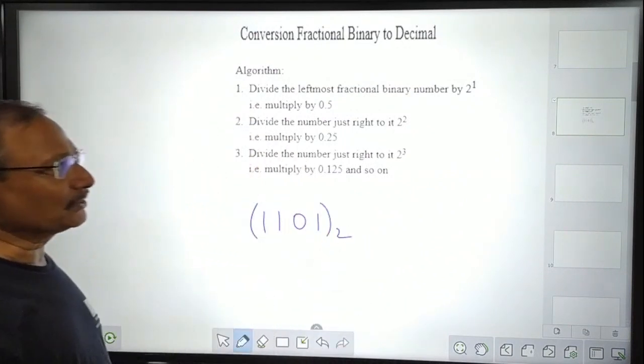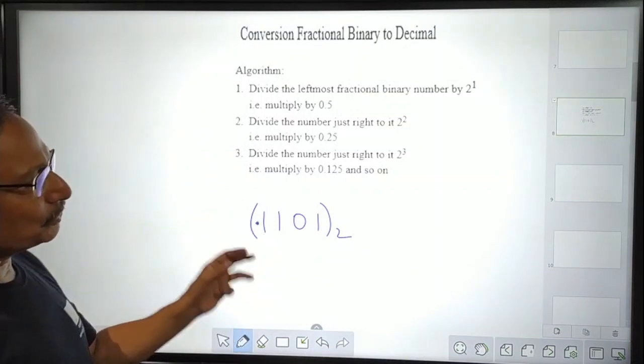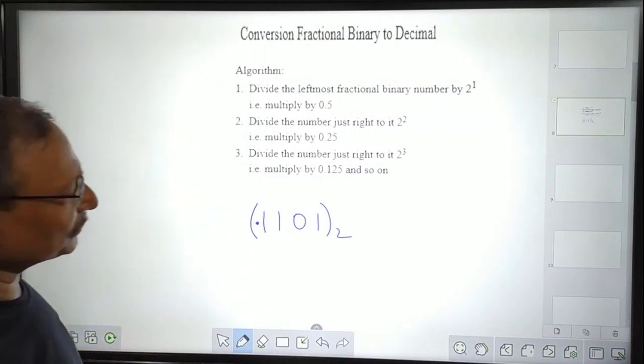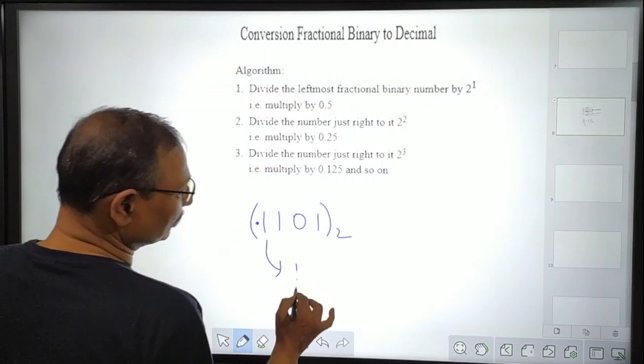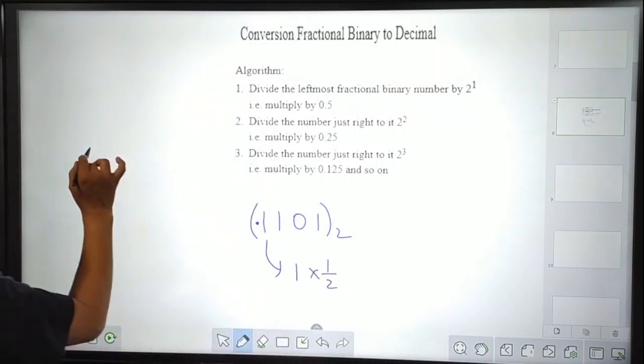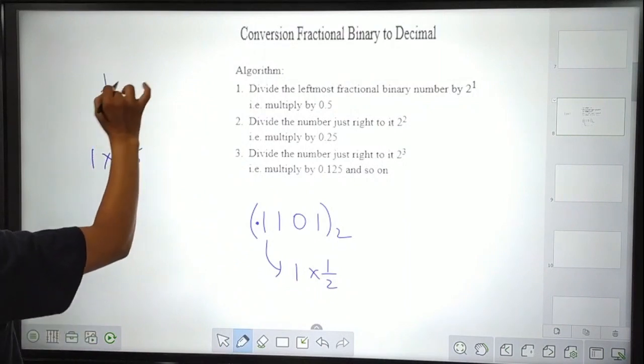This binary number is a fraction, and we want to convert it into the decimal system. We should multiply the first digit by 1 by 2. That means we can multiply it by 0.5, because 1 by 2 is equal to 0.5.